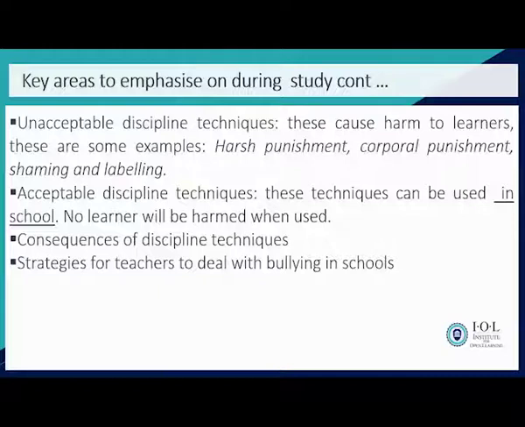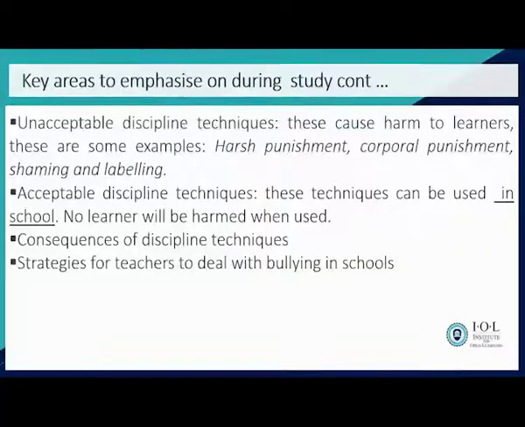Then we have the unacceptable discipline techniques. There are techniques used in classrooms and are very unacceptable, reason being that they cause harm to learners. And these are some of the examples, like harsh punishment, corporal punishment, shaming, and labeling. Now, you give a harsh punishment to a child, for example, to either dig a hole or to carry a certain bag or carry a big stone or so on.